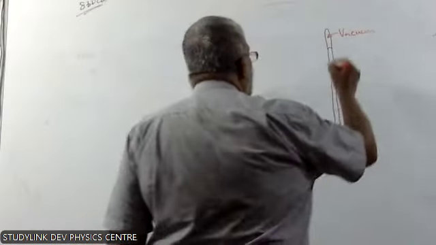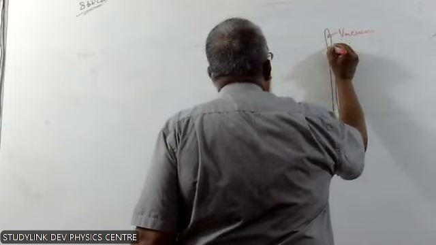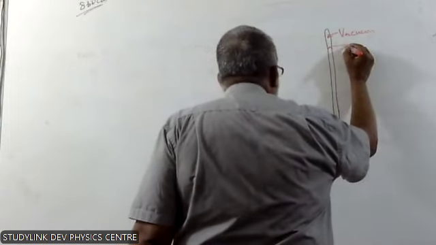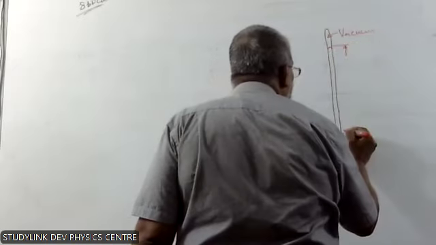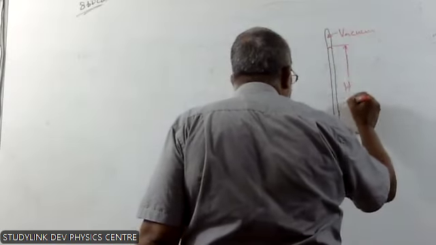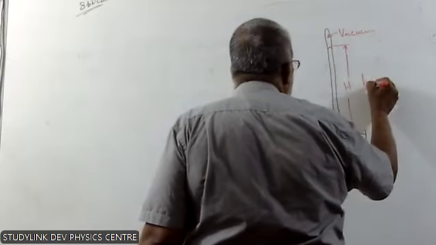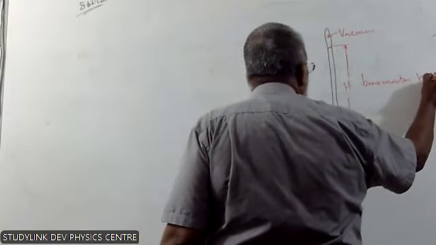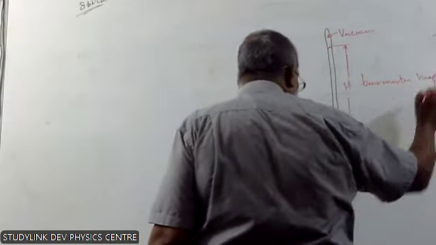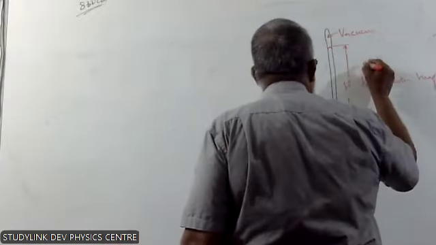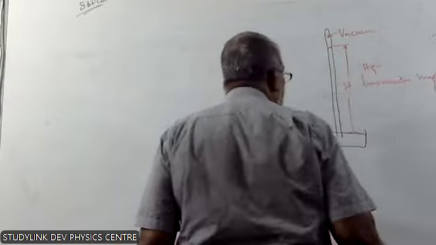The mercury height to the upper point, where the meniscus is convex, up to this point, the height is h. That is called the barometer height. But you have to remember to state the liquid, that is mercury, so mercury barometer.